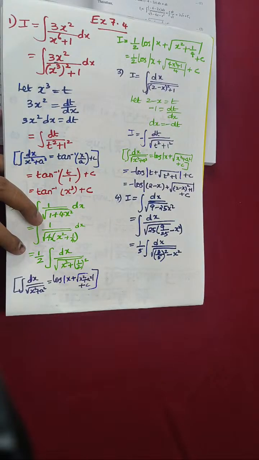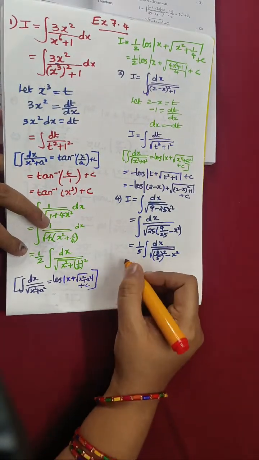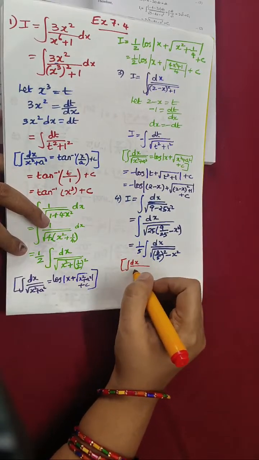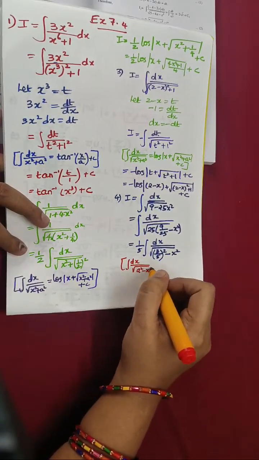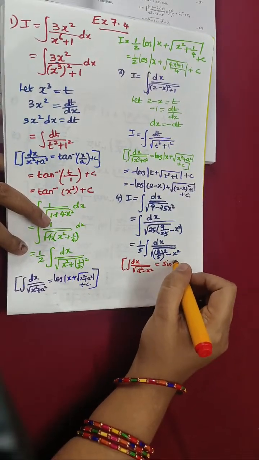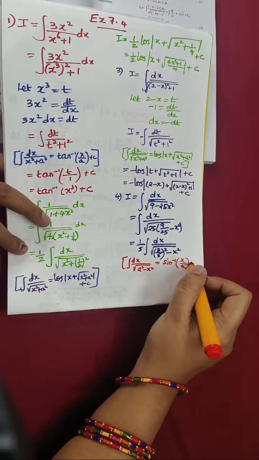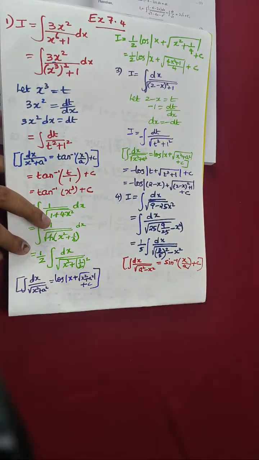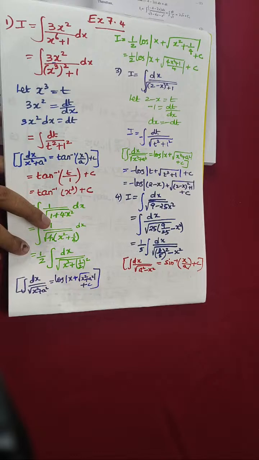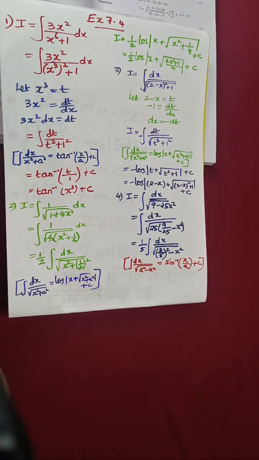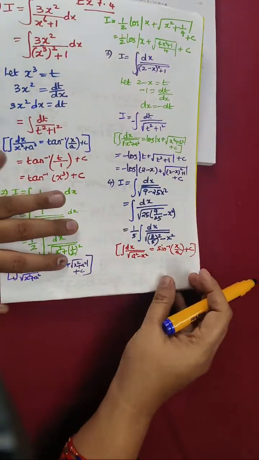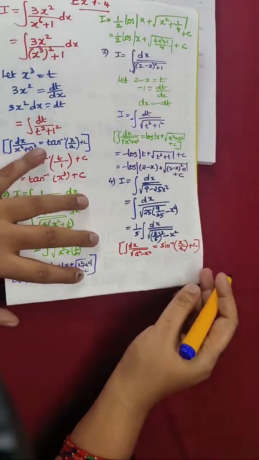Now you have to identify which formula or which format it is. So integral dx by root of a square minus x square. Formula is sine inverse of x by a plus c. So we have already learnt that 1 by root of 1 minus x square is sine inverse x, and here instead of 1 you might get any constant. So 1 by root of a square minus x square is sine inverse of x by a plus c.